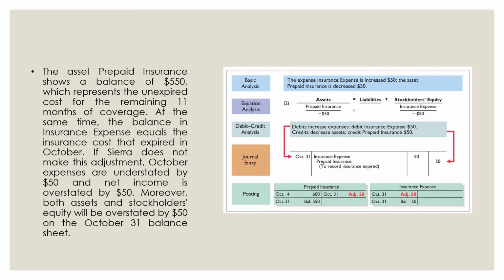At the same time, the balance in insurance expense equals the insurance cost that expired in October. If the company does not make the adjustments, the October expense is understated. So that's why we have to make sure we make those adjustments, right? We don't want to understate or overstate assets or stockholders' equity.